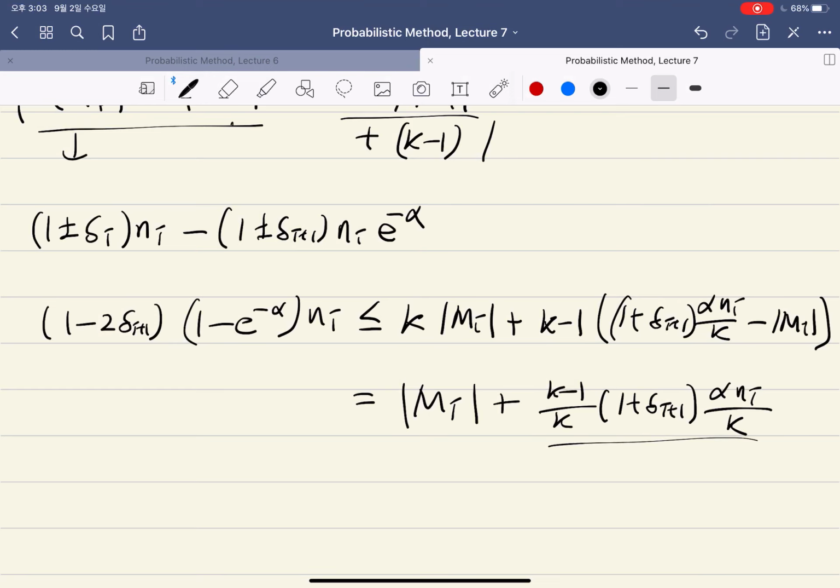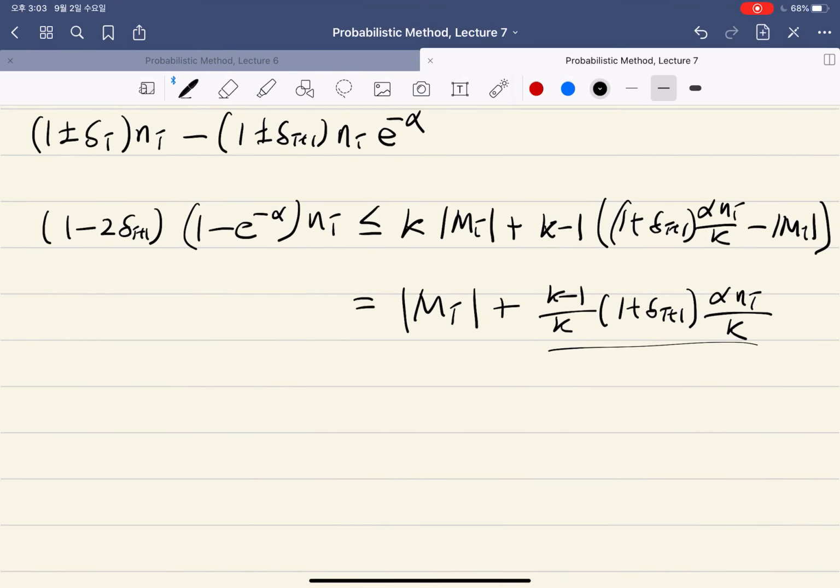We just move this to the other side. Then what do you get? You get roughly 1 over ni over k.